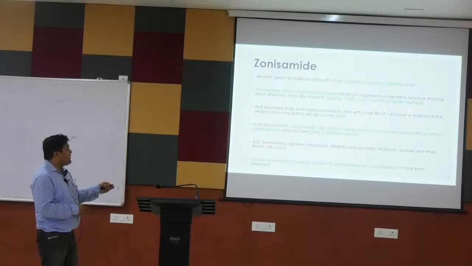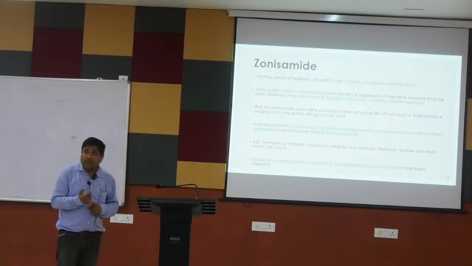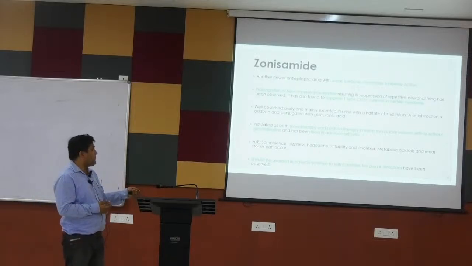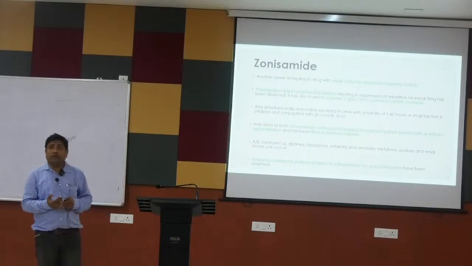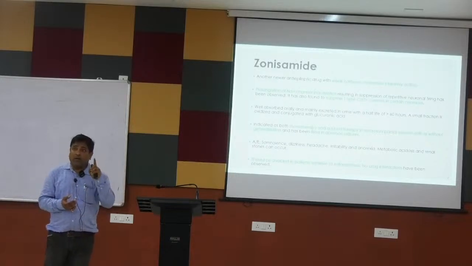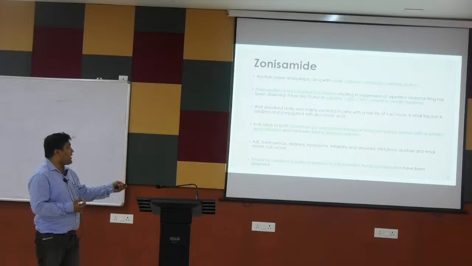Mainly excreted in urine, half-life more than 60 hours. Indicated as monotherapy as well as add-on therapy in refractory partial seizure with or without generalization. They have also been tried in absence seizure.